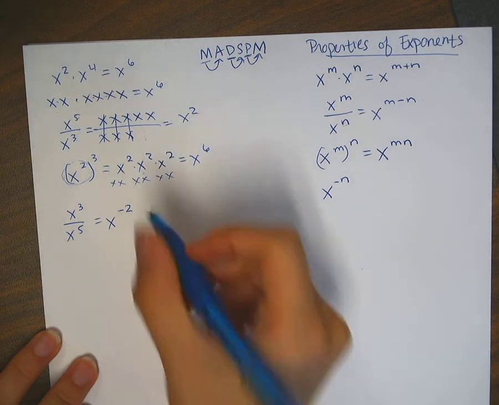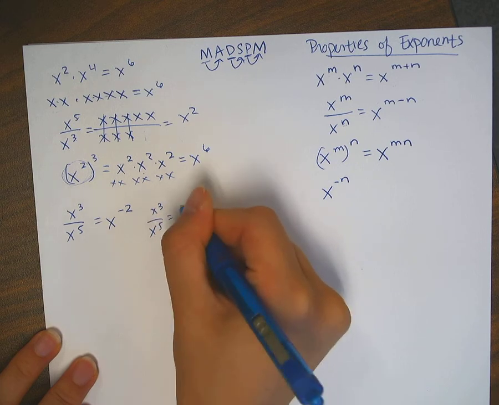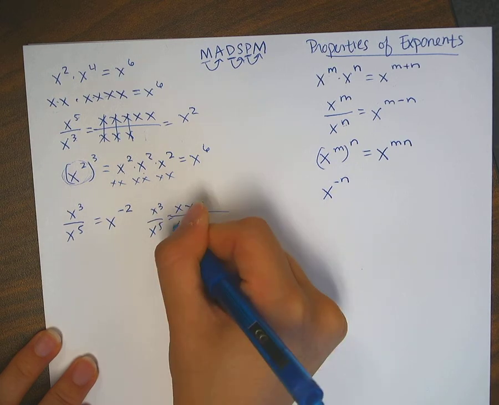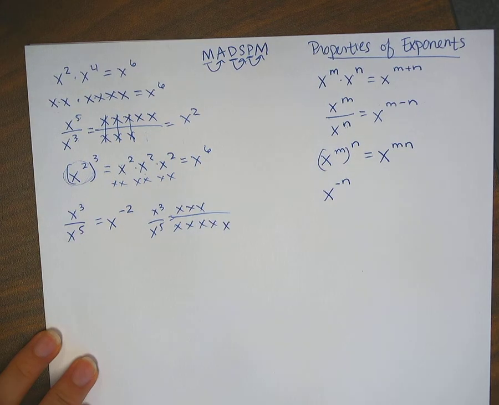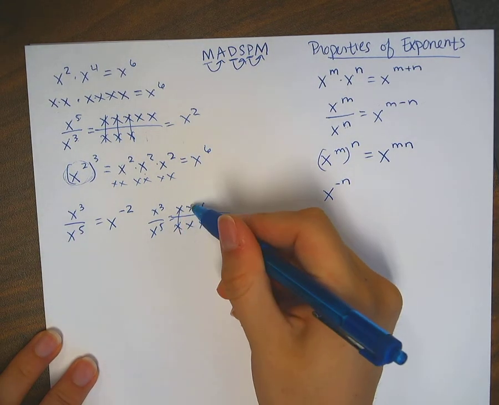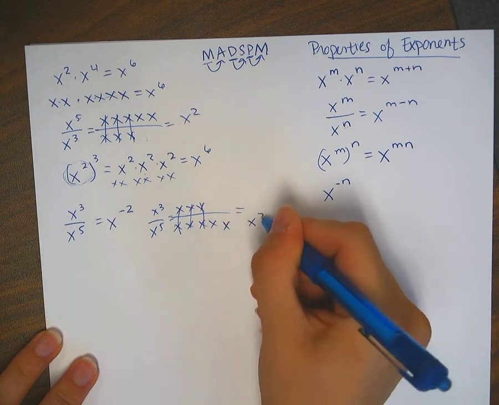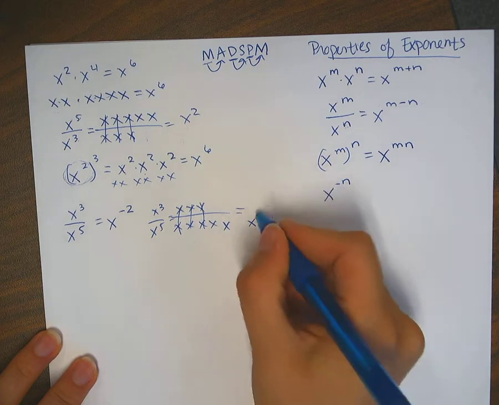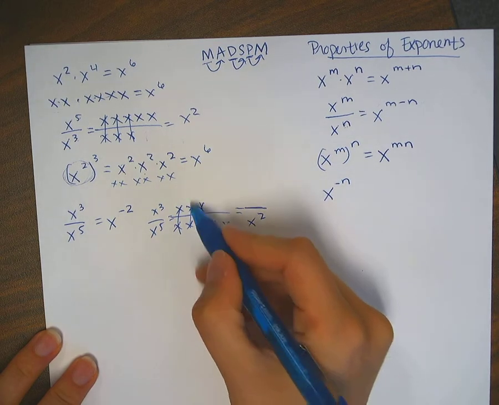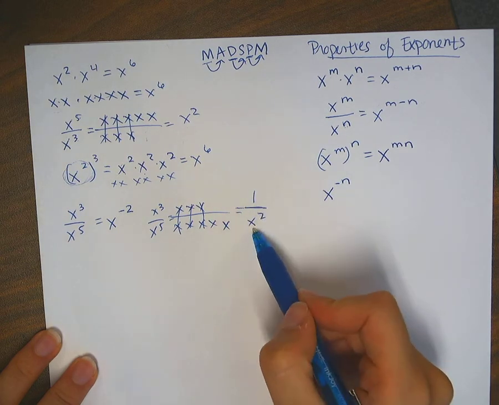Well, let's go back to our expansion. X to the third over x to the fifth was x times x times x over x times x times x times x times x. And if I start canceling again, that becomes 1, that's 1, that's 1. I still end up with x times x, which is x squared, but notice it's on the bottom of this fraction, so these all, of course, divided out to be 1, so that's really 1 over x squared.